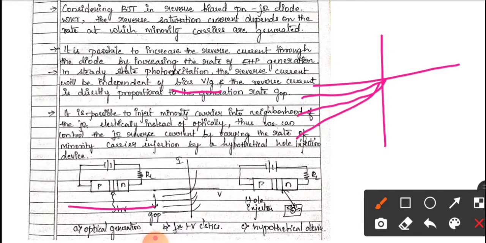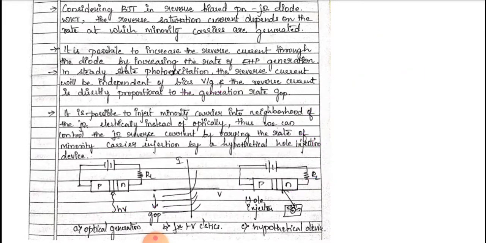It is directly proportional to how many electron hole pairs are generated, the optical generation rate. The current depends merely on the optical generation rate, not on the applied bias or voltage.